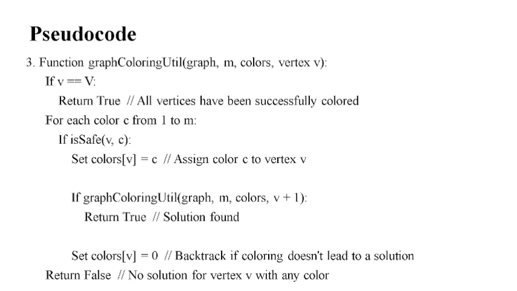If graphColoringUtil graph, m, colors, v plus 1 returns true, solution found. Otherwise set colors of v equal to 0, backtrack if coloring doesn't lead to a solution. Return false, no solution for vertex v with any color.